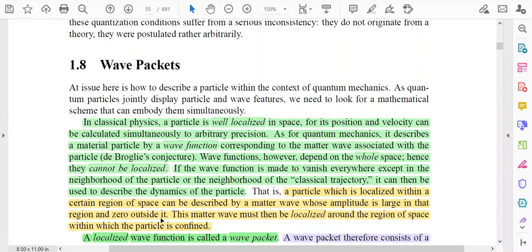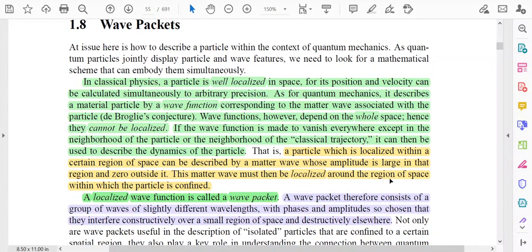So we have to construct a wave function in such a way that we can describe the matter wave whose amplitude is large in that particular region where we can find the particle, and zero outside of that position. This matter wave must then be localized around the region of space within which the particle is confined.